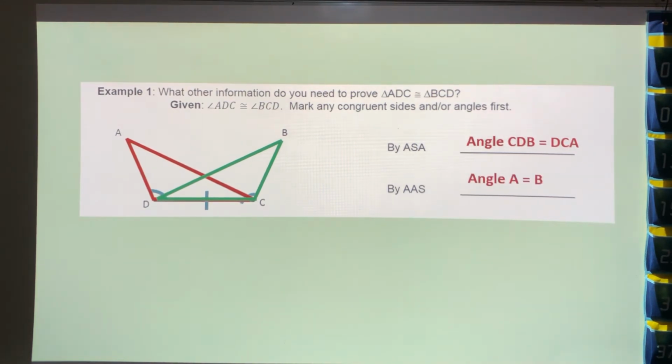If we were to prove this by angle angle side, we would need to prove that angle A is congruent to angle B. And if you notice, the side on the bottom, proven by the reflexive property, is not in between the two congruent angles in angle angle side.